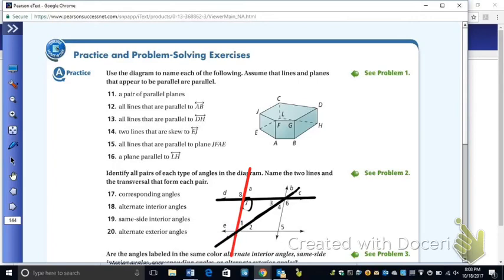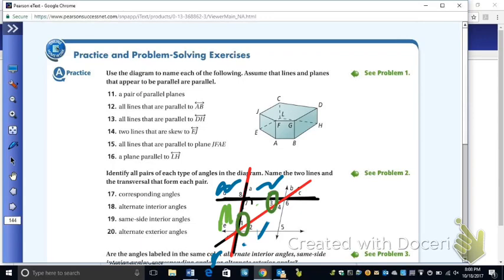If D and C are my two lines, and A is my transversal, so A is cutting across both of these, then the interior would be here, because that's in between the two lines. Exterior would be out here. 7 and 1 are on the same side of the transversal, on the interior, same side interior angles.